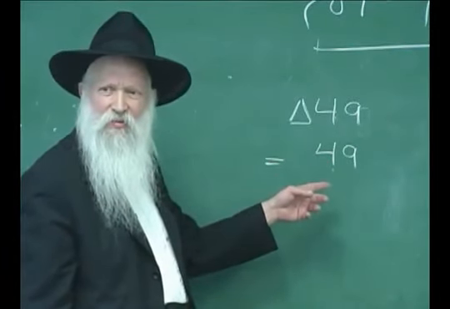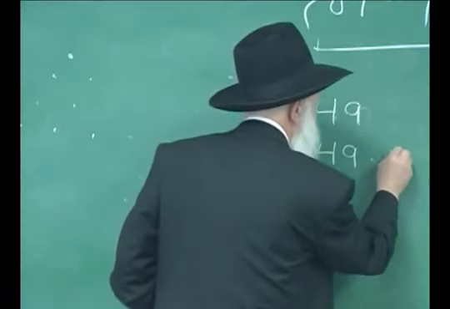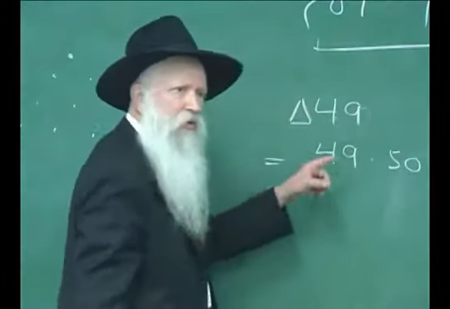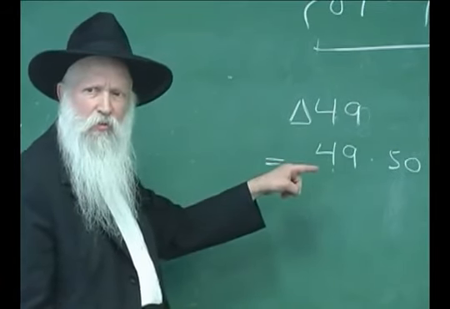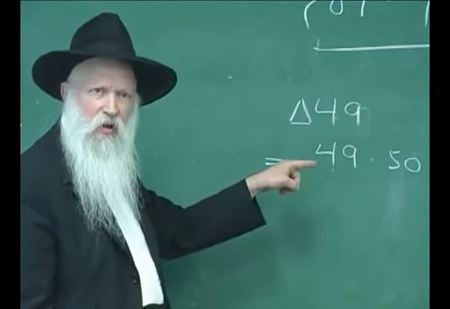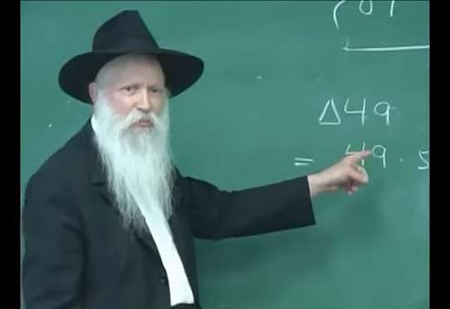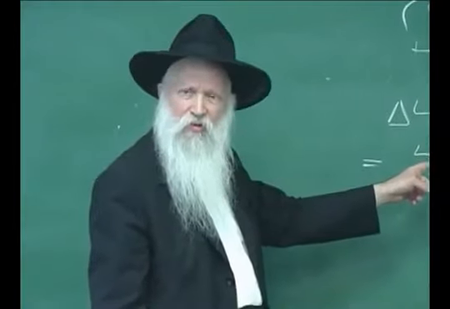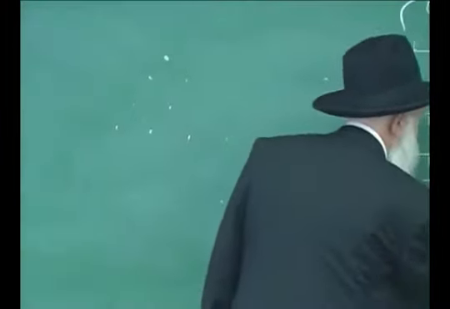Over what? 49 times 50. We don't count the 50th day, but here we see that 50, Tisbru Chamishim Yom, appears in the formula. We don't count it, but it has to appear here. Because the expression is 49 times 50 over 2.